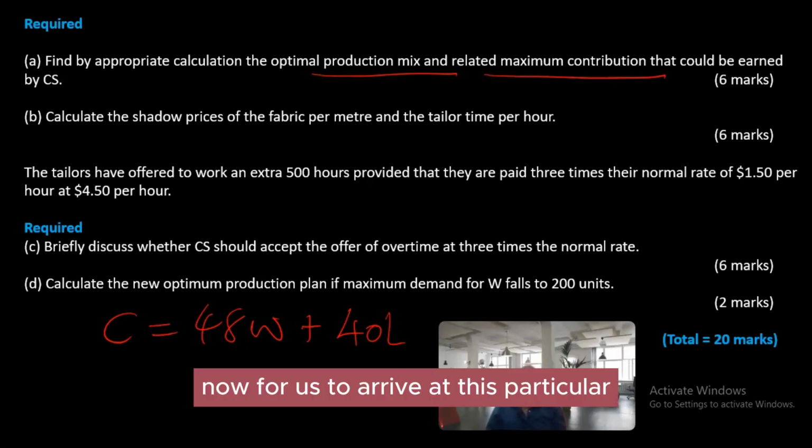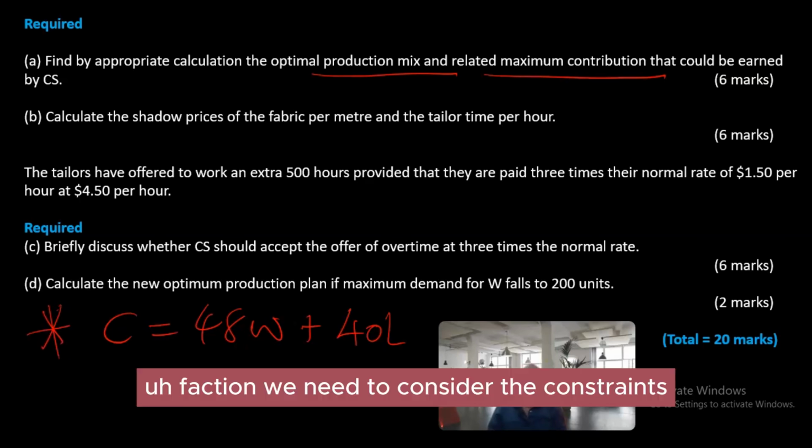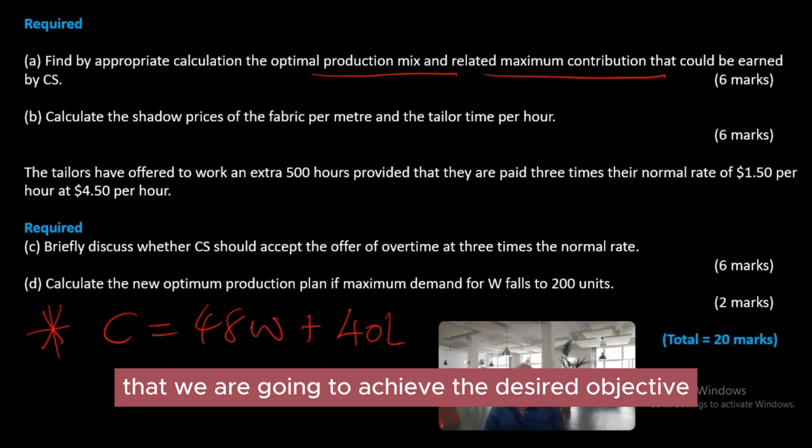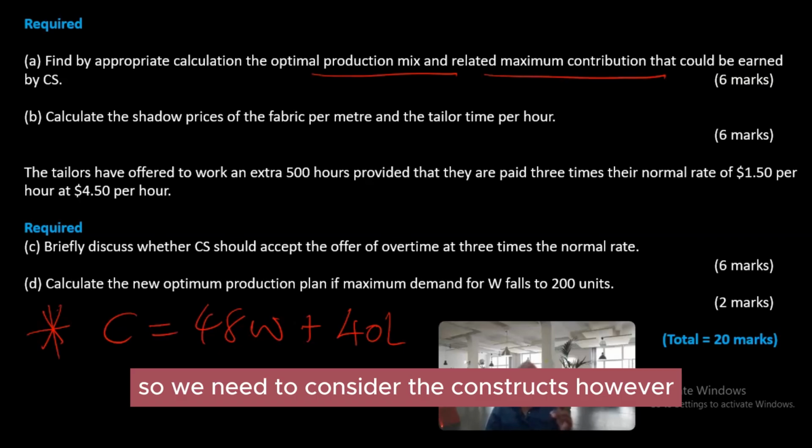For us to arrive at this particular function, we need to consider the constraints. It is from the equations of constraints that we are going to achieve the desired objective.